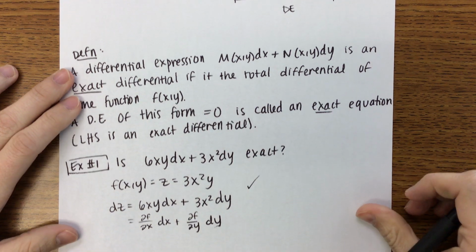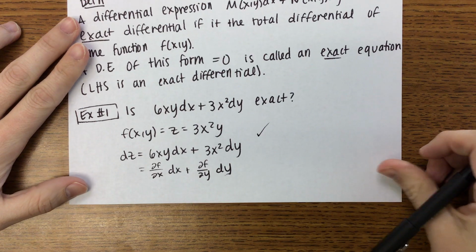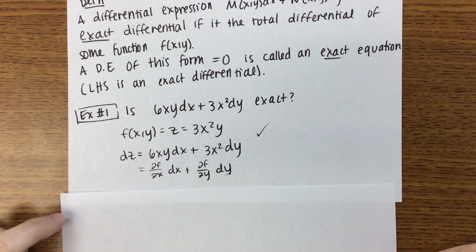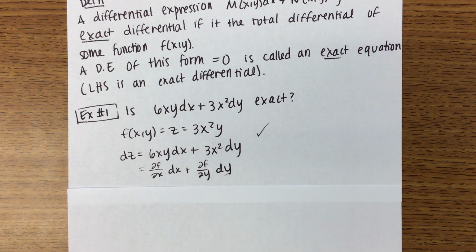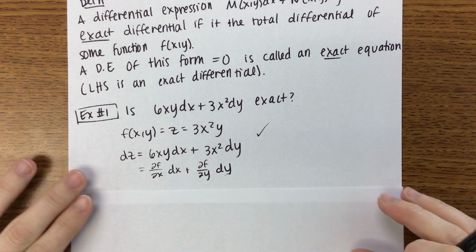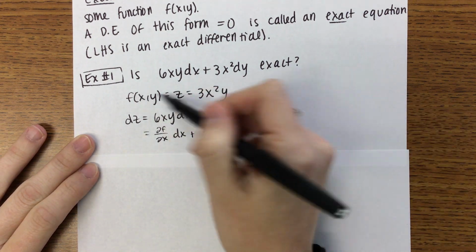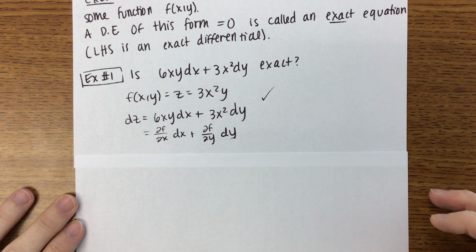So, yes, that expression is exact. Now, that one we were able to do in our heads. Things are going to get a little tougher if I give you some more complicated expressions. So there is an easier way to determine if the expression is exact. So we're going to talk about how else you can tell besides finding this function, and then we'll talk about how that relates to solving.